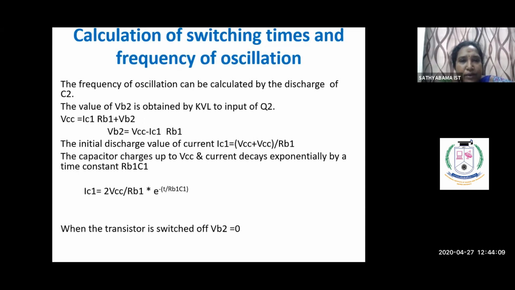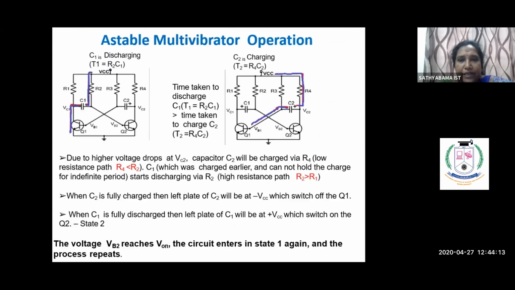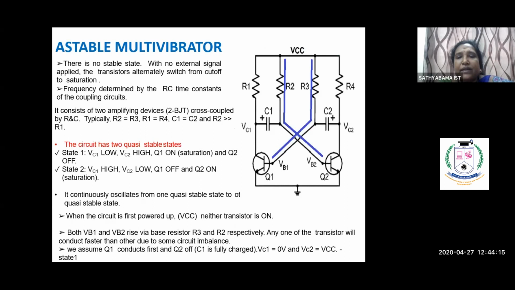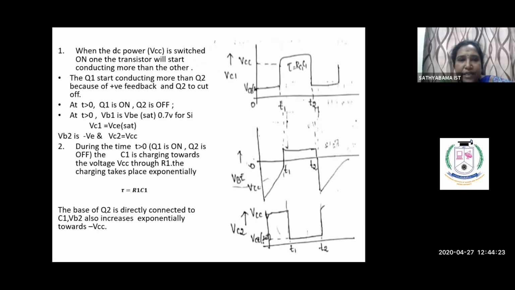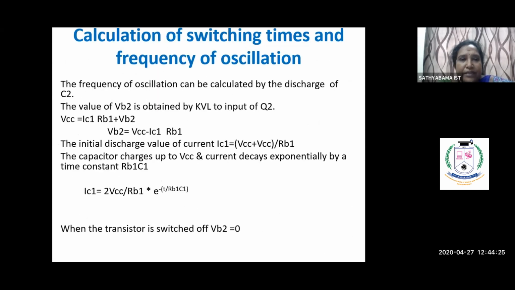In the first diagram, I have mentioned the voltage flow at the base of the Q1 transistor and Q2 transistor. Just remember that, and from that we write the first equation. VB2 is obtained by Kirchhoff's voltage law applied to the input of Q2.